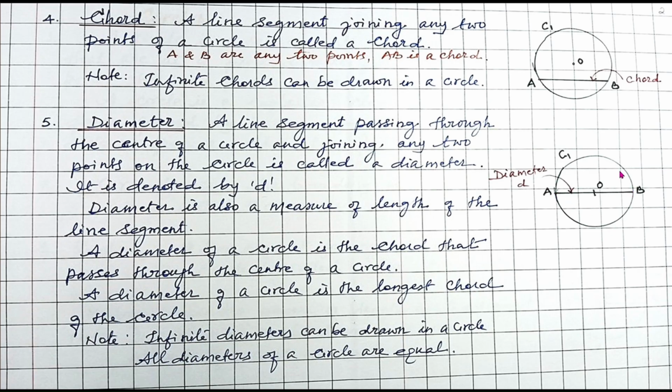A diameter of a circle is also defined as the biggest chord, or a chord which passes through the center of the circle. So please remember that in a circle, the longest chord is the diameter. Infinite diameters can be drawn in a circle, and all the diameters of a circle are equal.